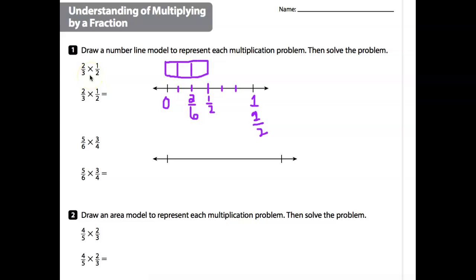What we can do when we multiply fractions is very different than adding and subtracting fractions. So multiplying fractions, you just multiply across. 2 times 1 is 2. 3 times 2 is 6. All right, great.